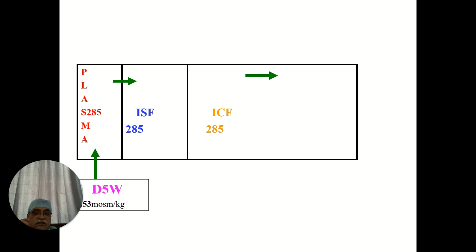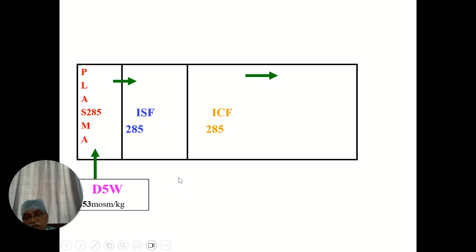These result in fluid losses which are hypotonic, meaning more water, less sodium is lost. So it is replaced with 5% dextrose with 0.45% saline.